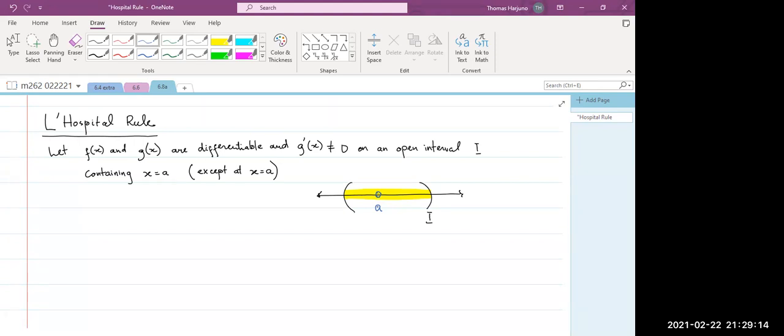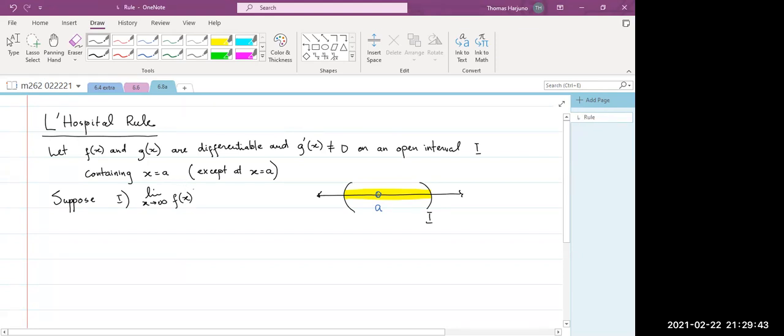Okay, now suppose we have two situations. The first one, both limit x going to a of f(x) equals 0, and limit x going to a of g(x) also equals 0.